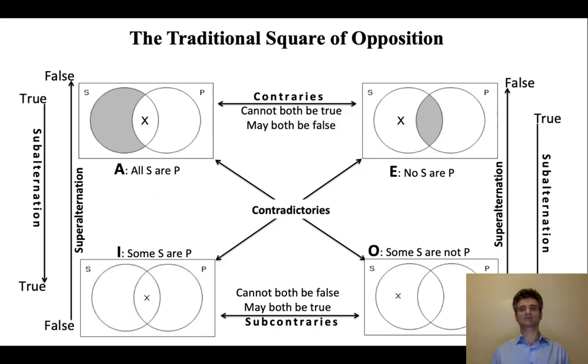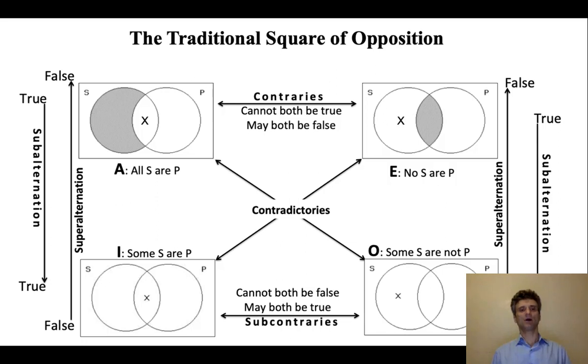Now, the existential assumption, as I explained in the previous video, is an assumption that the members of the class designated by the subject term do exist, really exist, or are in existence.